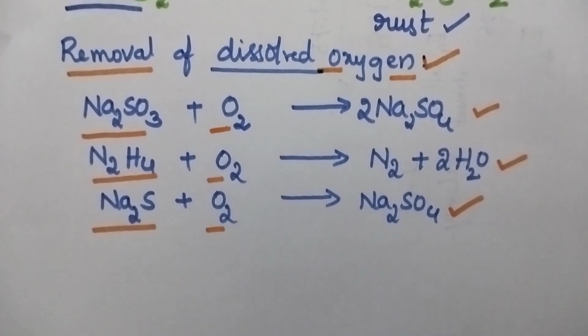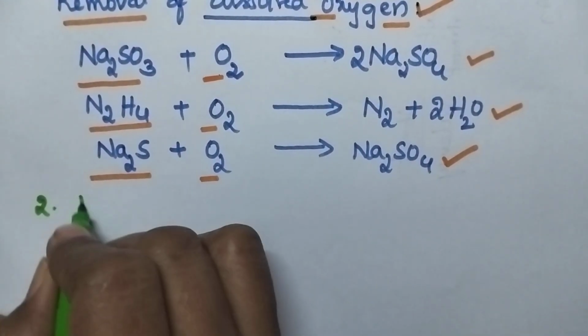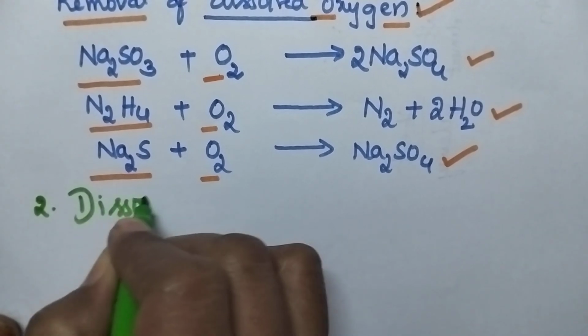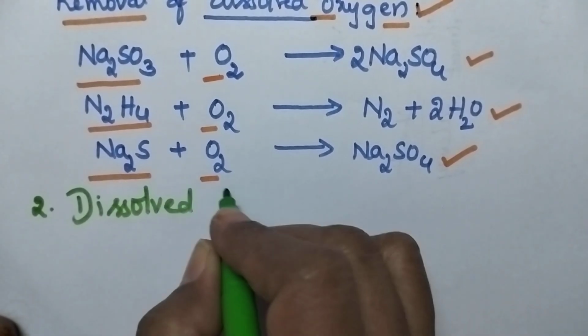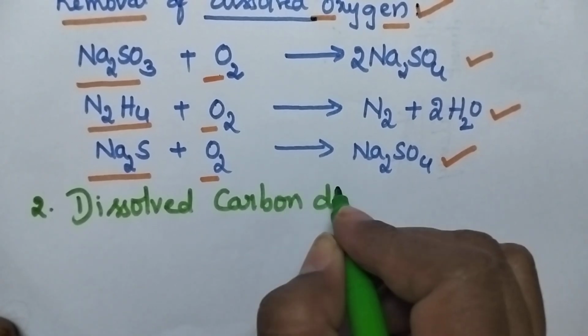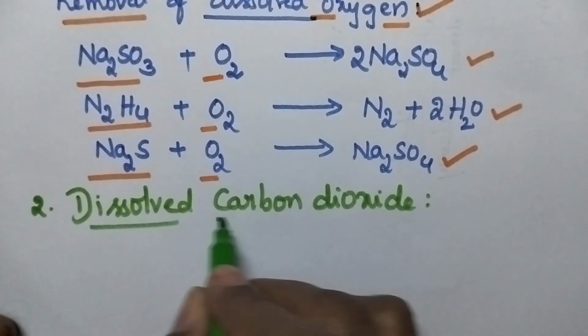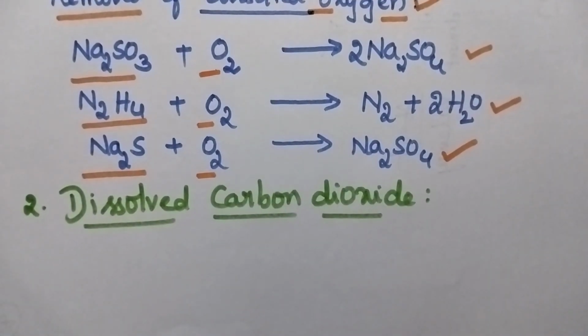The second major cause is dissolved carbon dioxide. Especially, the boiler water consists of hardness producing salts.